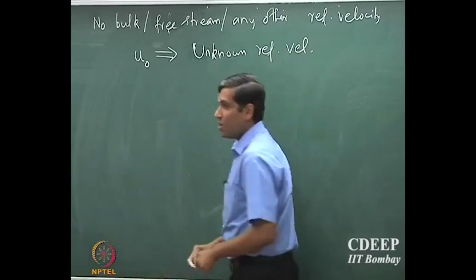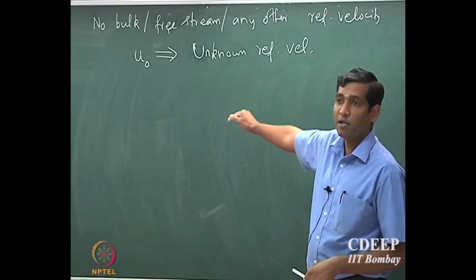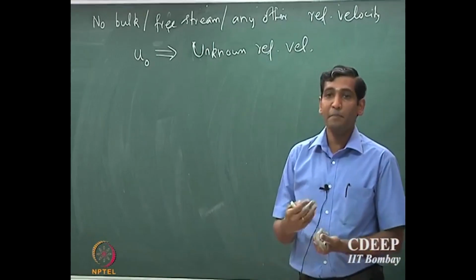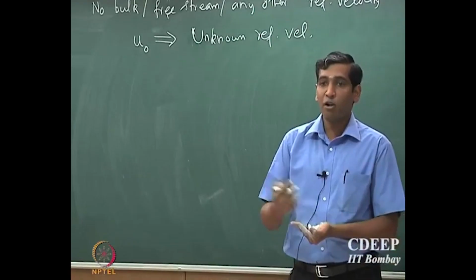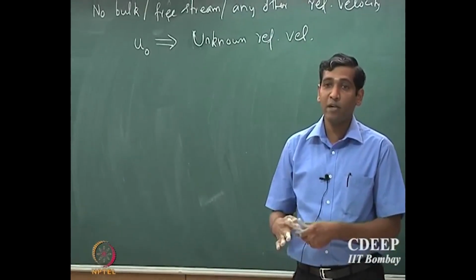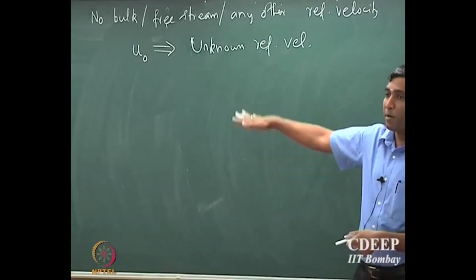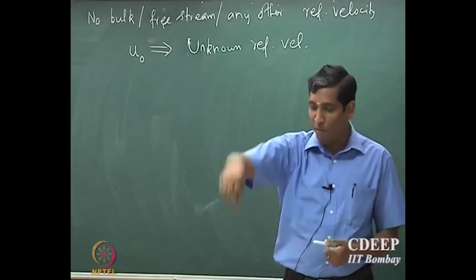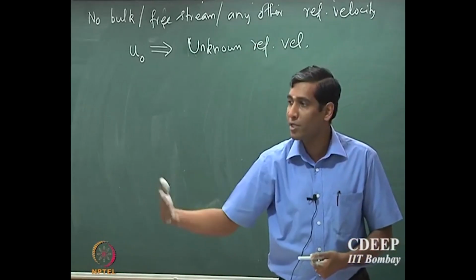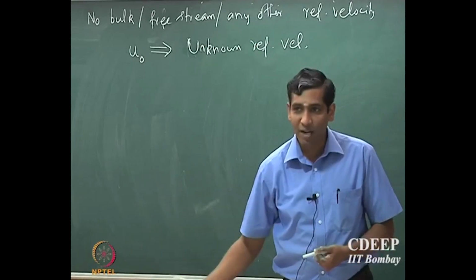Okay. Now the only place where this reference velocity plays an important role is when you want to make an important decision whether the free convection or a forced convection is playing a dominant role in a real problem. So here we have assumed that the problem is only a free convection problem, but in principle, even when you are going to drop a plate inside, there is going to be some disturbance of the bulk fluid, and so you would expect that there will be some velocity.